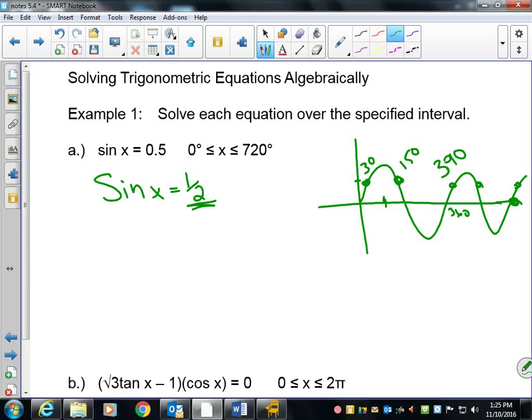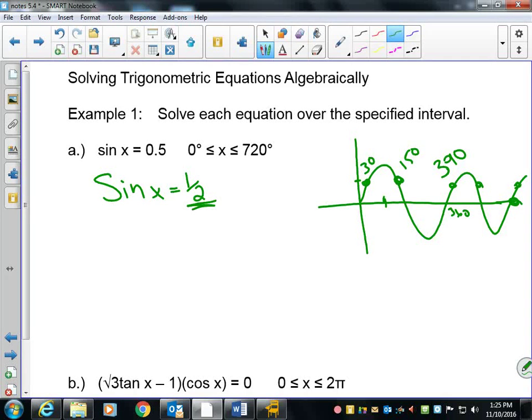So sine is 1/2 at 30 degrees, and the reference angle of 30 degrees from the second quadrant, so 150, and then we do the coterminal arm for the next one, 360 plus 30. So we add 120 to that, right? Because it's from 30 to 150.